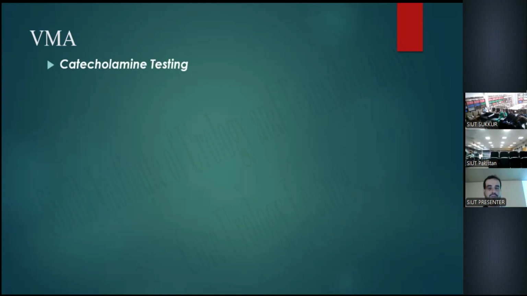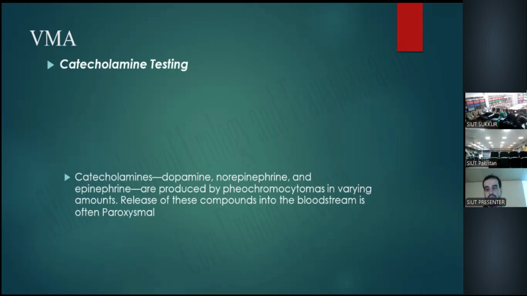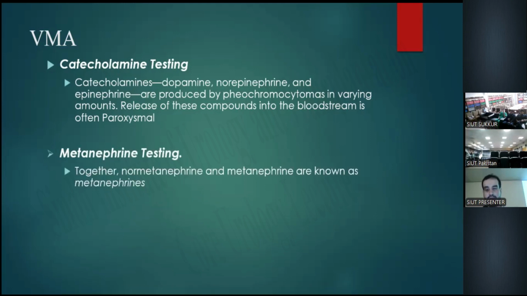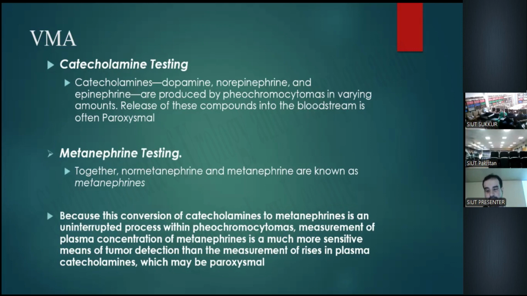VMA and catecholamines testing. Dopamine, norepinephrine, and epinephrine are produced by pheochromocytoma in varying amounts. Release of these compounds into the bloodstream is often paroxysmal. So metanephrine testing: normetanephrine and metanephrine are known as metanephrines because the conversion of catecholamines to metanephrines is an uninterrupted process in pheochromocytoma.